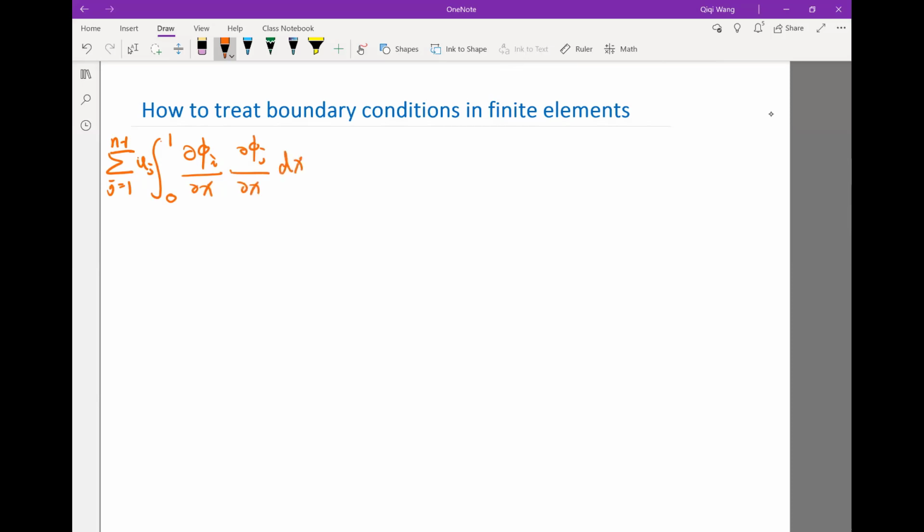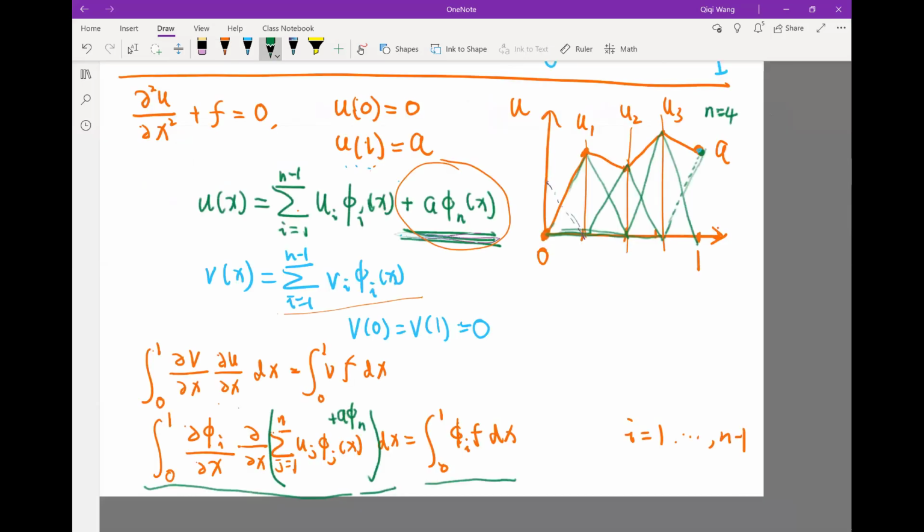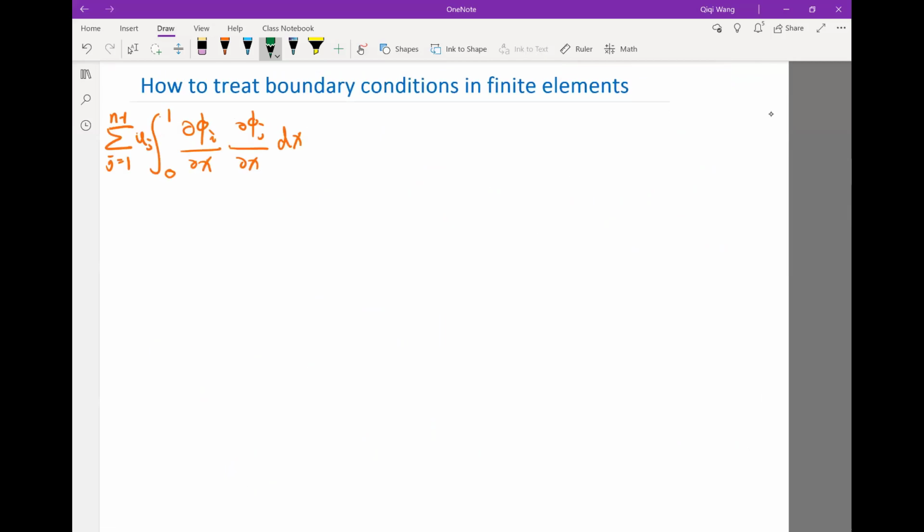All right, then we have this additional term we had because of the boundary condition, and that is a times integration 0 to 1. We still have the same dvi/dx, but here we have a new term, dvn/dx. So the red term is exactly the same as before, and the green term is new. The right side is also the same as before.